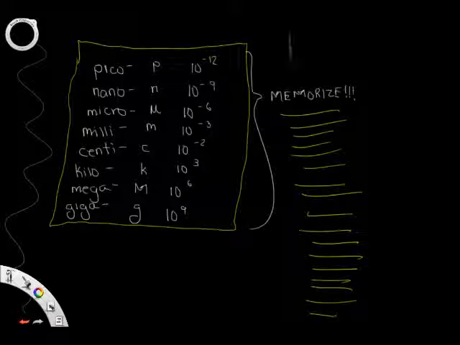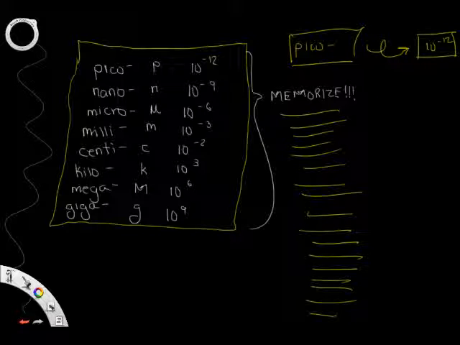On one side, you can have the prefix. On the other side, you can have the conversion. So if this is the first time you're being introduced to these, hopefully you recognize these 3 down here, because if you are familiar with computer memory, these are the 3 that are utilized a lot.